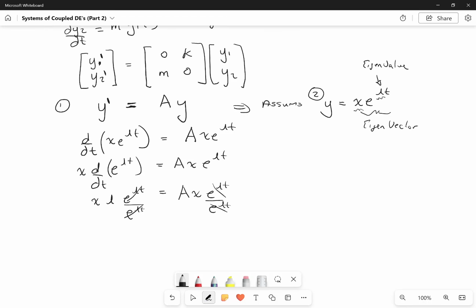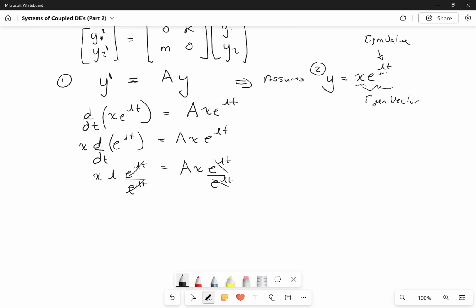So what we have is our eigenvalue problem, same problem that we had. So equation 1 converts, when we sub in equation number 2, into A x equals lambda x.